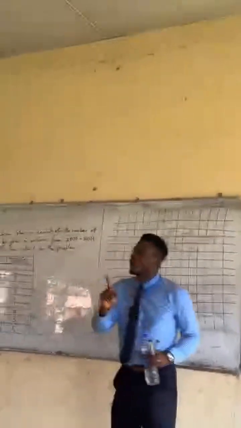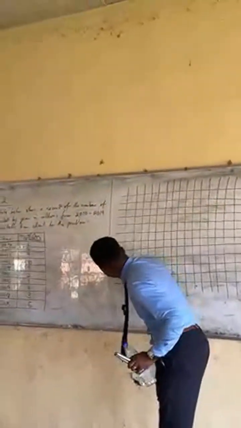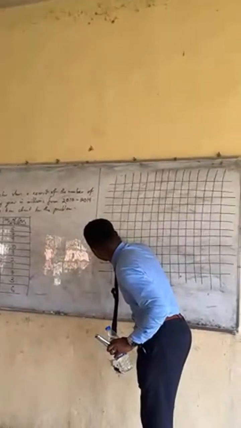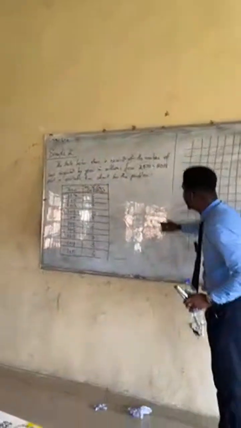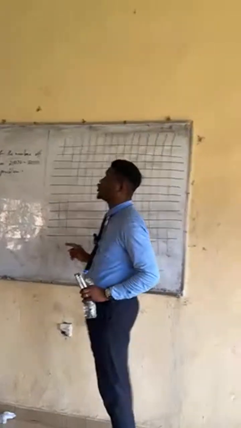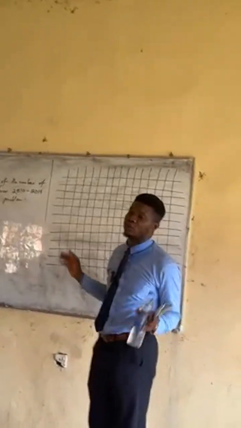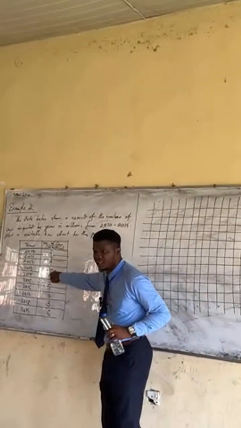Depending on how your data is, you'll be the one to choose whether to use 1 centimeter to 1 unit. Each line you see here is a unit. Looking at the data, if I choose 1 centimeter to 1 unit, I'll be good, because the maximum I have here is 10.